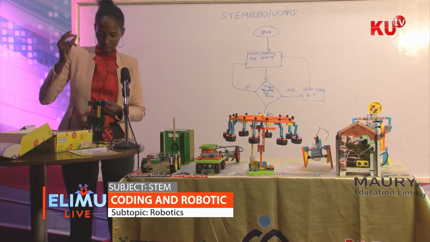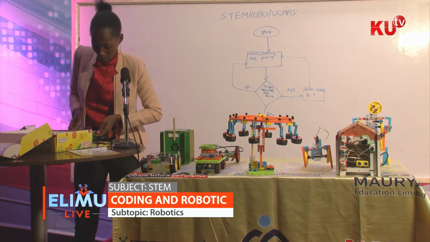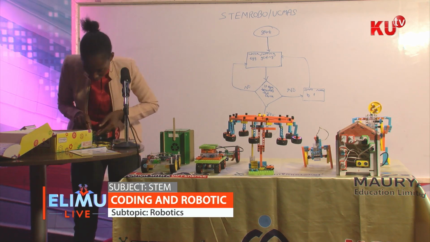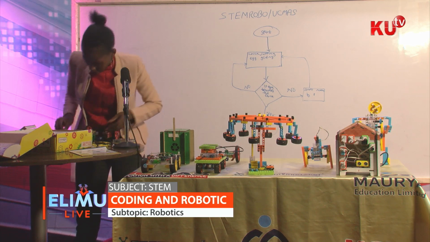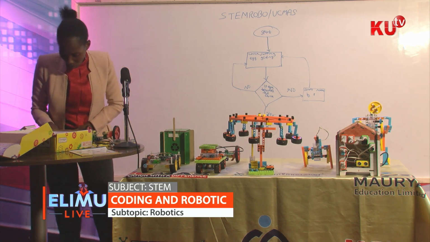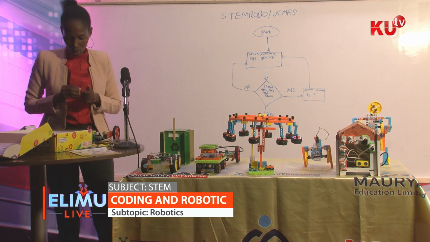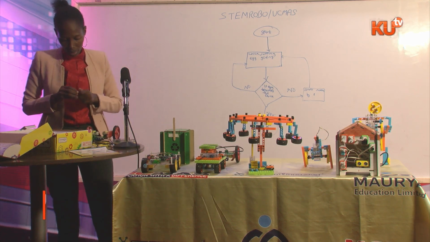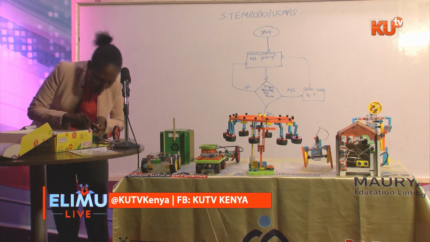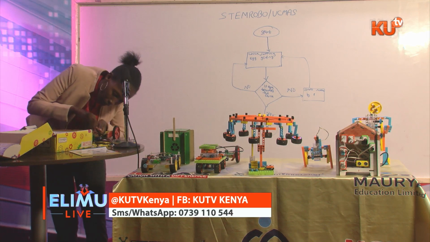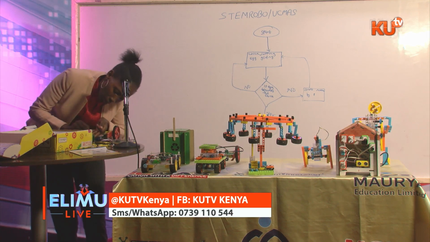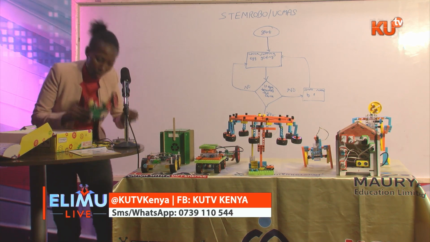This is what you call a caster wheel. So I'm going to put it here at the front, and then its nuts are small and different from the others, so you identify them using the size. They are the smallest. So you put the nut here and then you tighten with the bolt here.